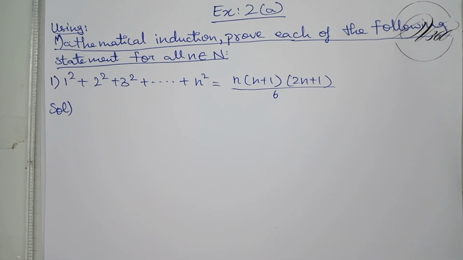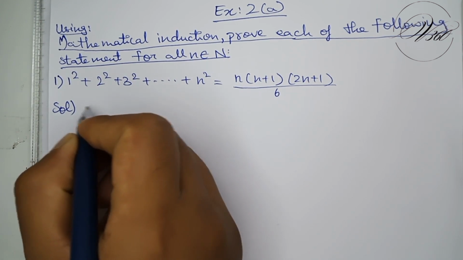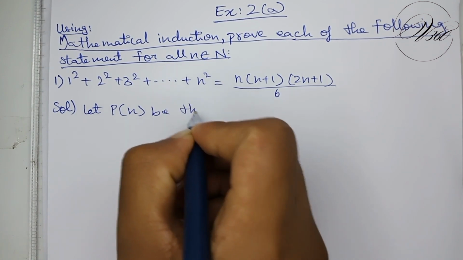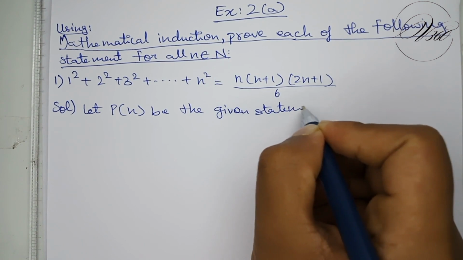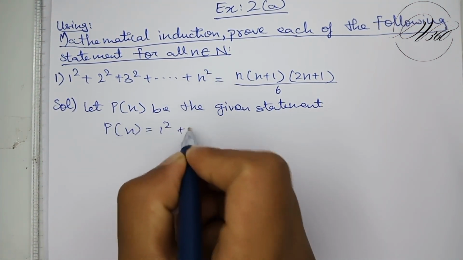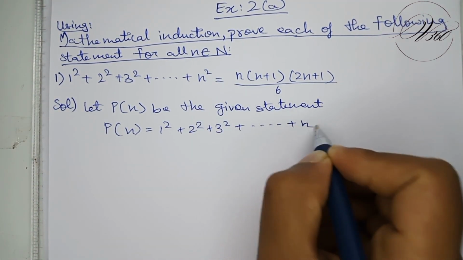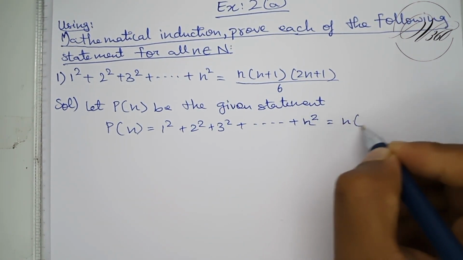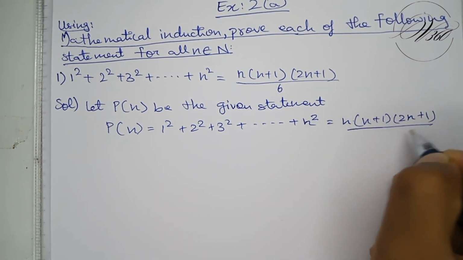Okay, let us take P of n be the given statement, and P of n is equal to 1 square plus 2 square plus 3 square plus till n square is equal to n of n plus 1 into 2n plus 1 by 6.